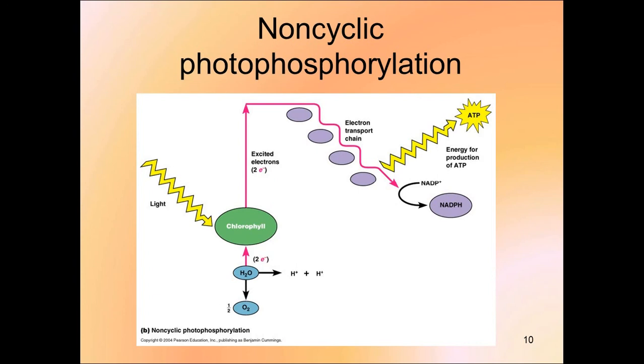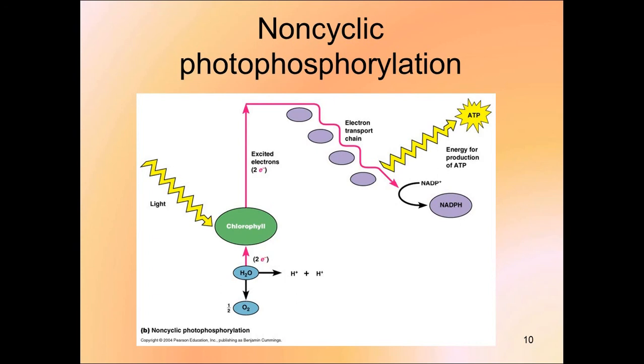It's called a final electron acceptor because this is the last stop of the electron. This is a one-way trip for this electron. Once it's attached to the NADP molecule, it's done, and it has to be replaced by incoming light.